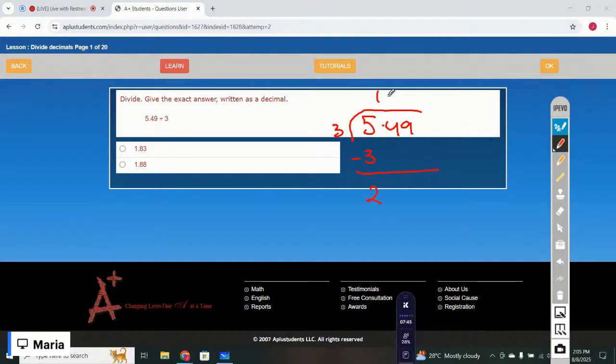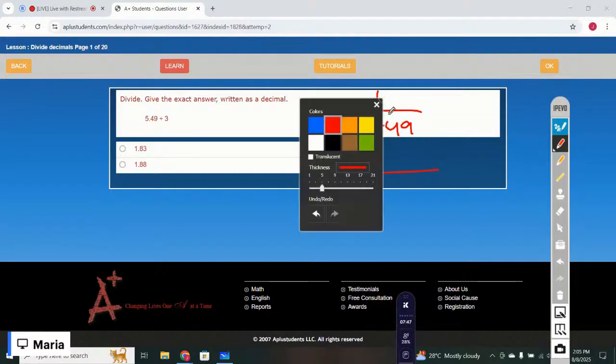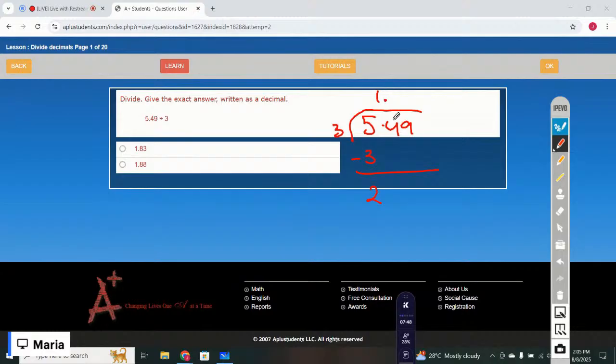Here you have a decimal point. Put decimal point in quotient. Now bring the next digit down. Count the table of 3 until 24. 3 times 8 is 24. 24 take away 24 is 0.